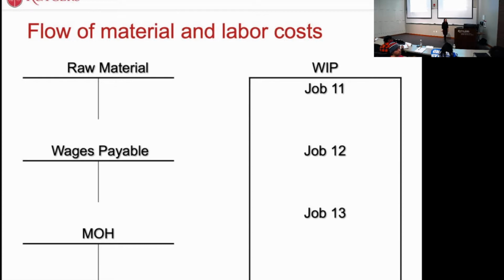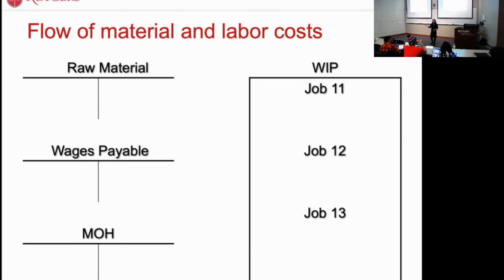So for the first step, the accumulation of the cost, how do we accumulate the raw material? We will have more raw material when we buy them, right? So let's say now we purchased some raw material, right? And then the purchase will increase the raw material, so do we debit or credit this account?